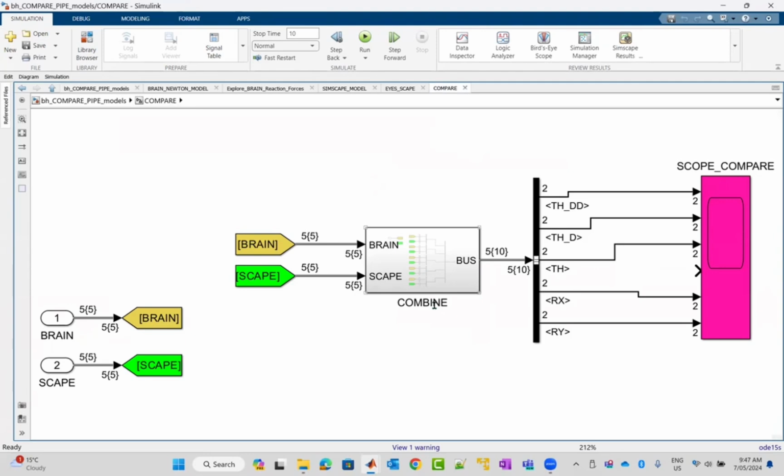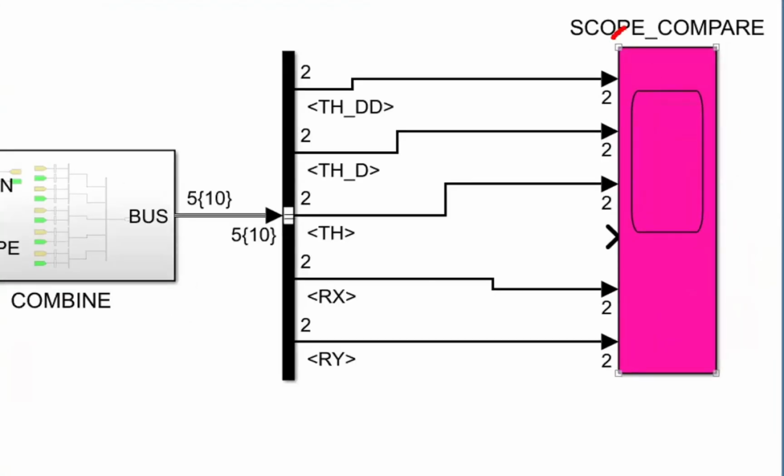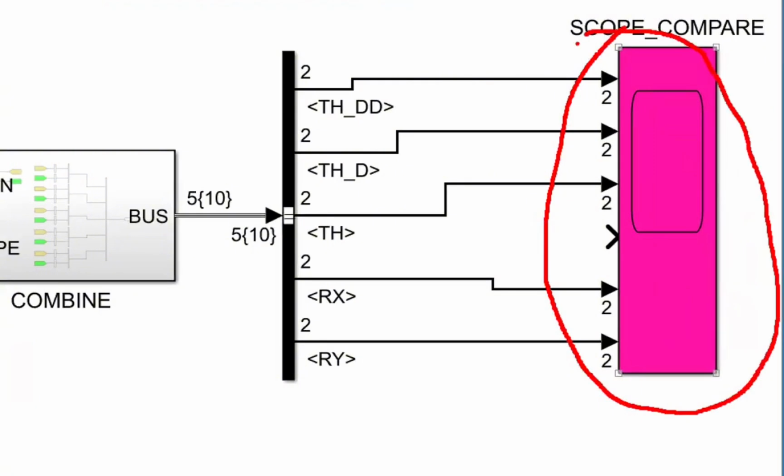Now let's bring up some oscilloscope traces of our yellow model response and our green model response. To do that, double click on this pink oscilloscope block. Double tap on that guy.